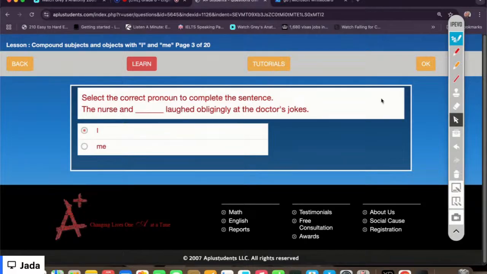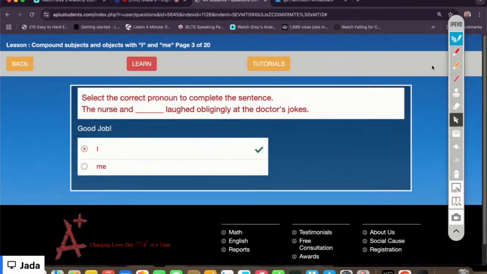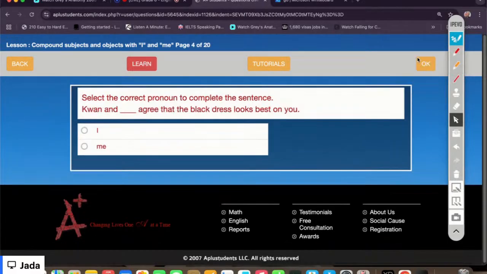All right, so the nurse and I. Quan and Dash agreed that the black dress looks great on you. And I or me?